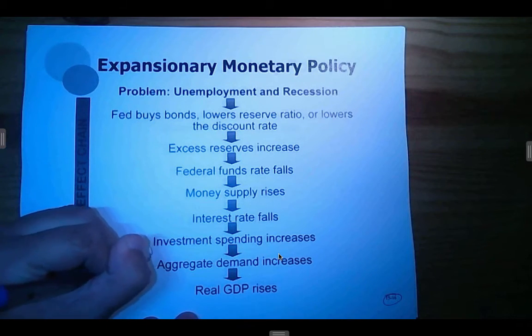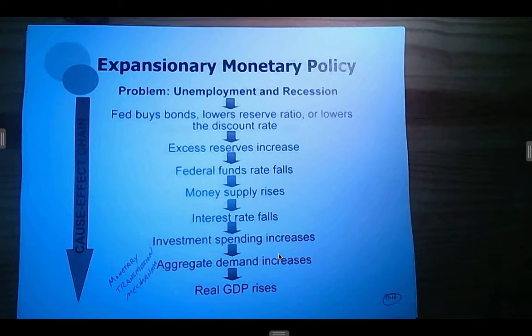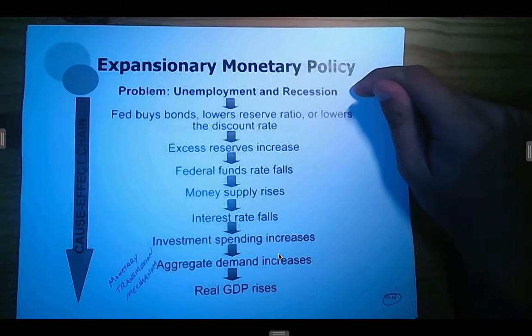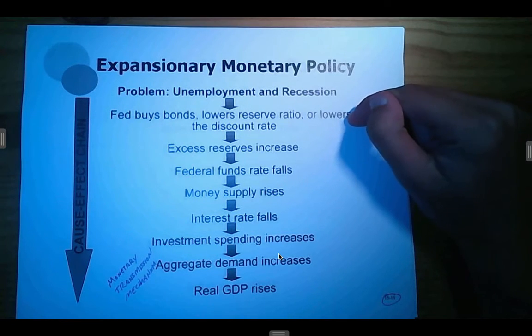It's a technical term for what's going on here. But essentially, if I know that I'm in a recessionary gap, meaning I have unemployment, I have lower GDP levels, then the Fed will do one of these three things, or all three of these things.